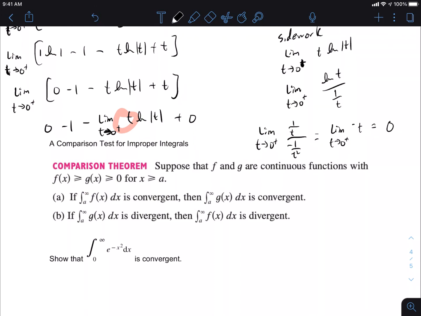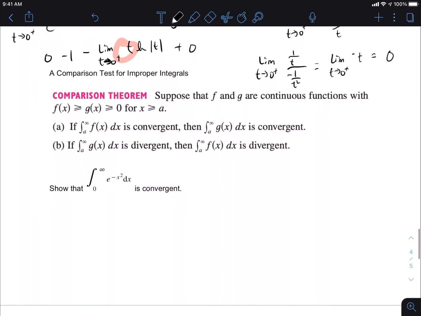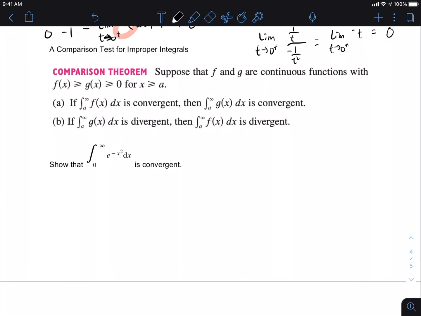So we need to be able to choose functions that are similar, but that will lead us to advantageous solutions. Okay? So in this example, I have the integral from 0 to infinity of e to the negative x squared dx.